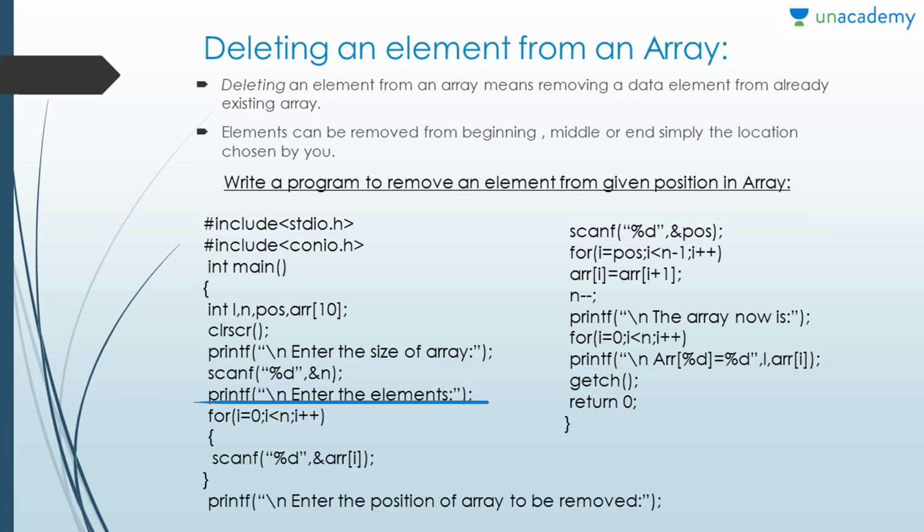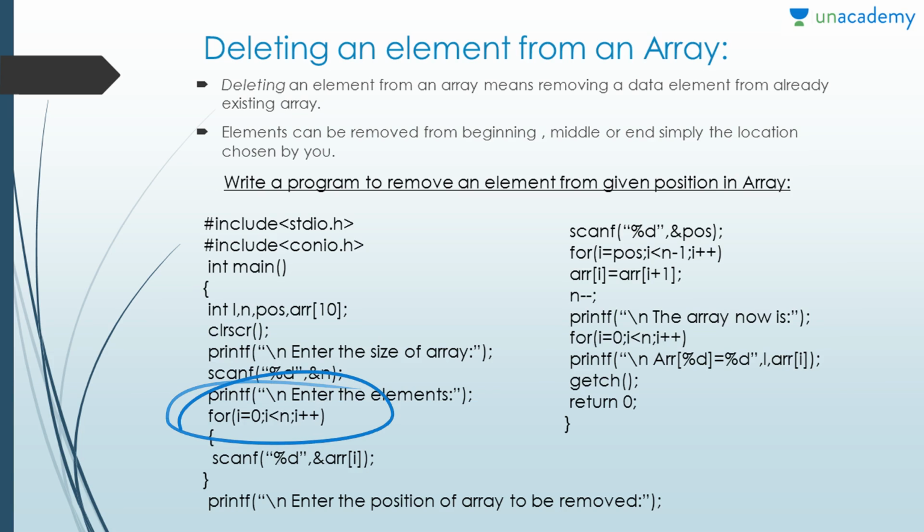So here we have to read n numbers, meaning the values which will be specified over here. We have used a for loop here, because looping and repetition are needed. So for i equal to 0, i less than n, and i plus plus.